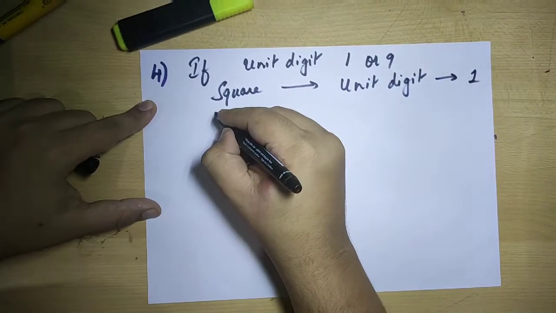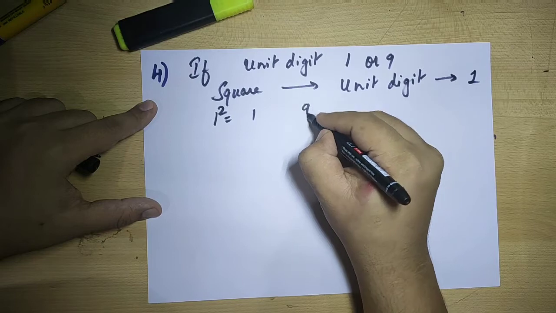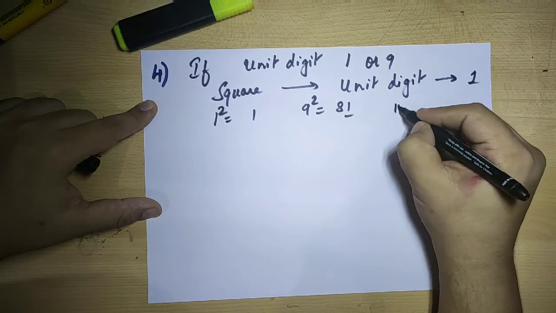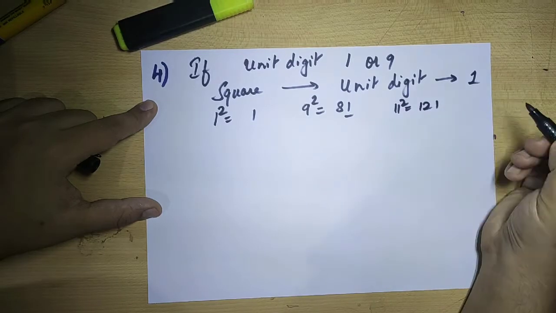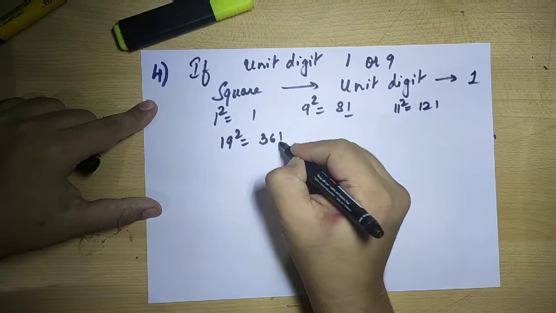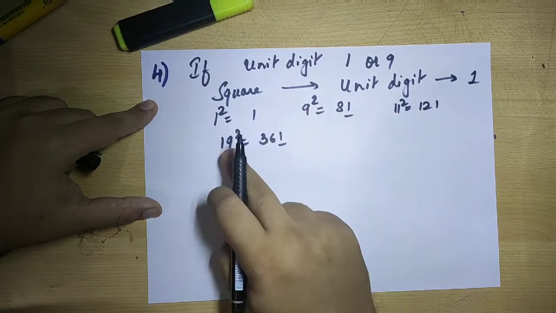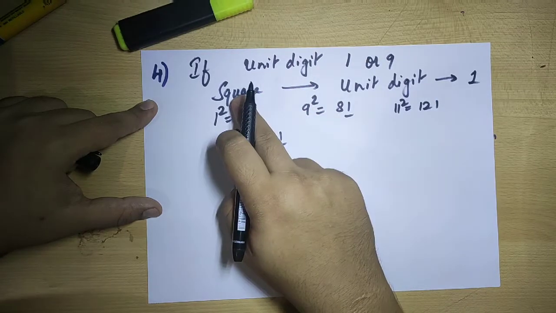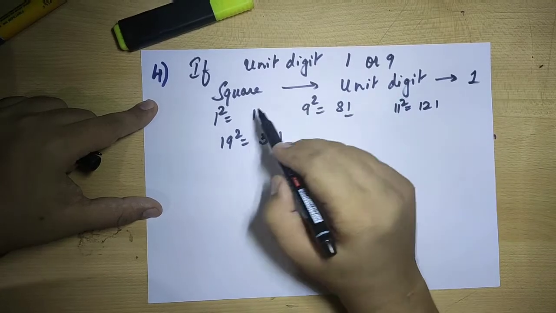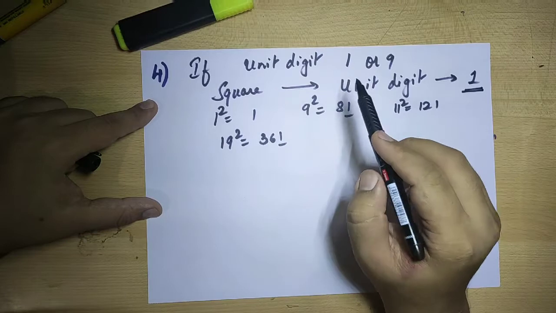For example, 1 square 1, 9 square 81, 11 square 121, 19 square 361. You can see that if 1 or 9 is at the unit digit, then the square of that particular number will end with 1 as the unit digit of the square.